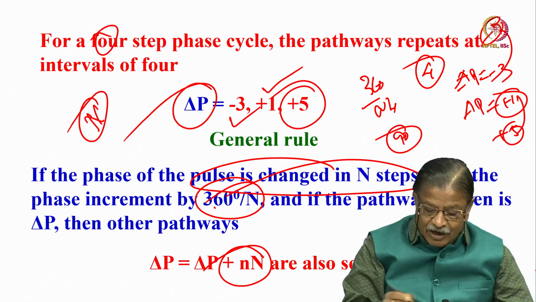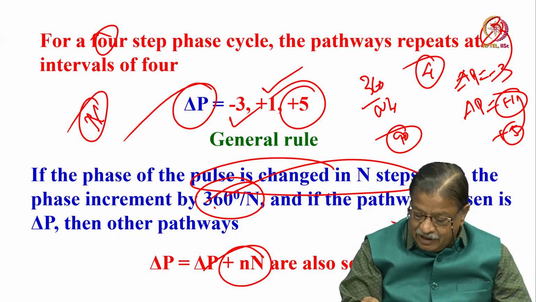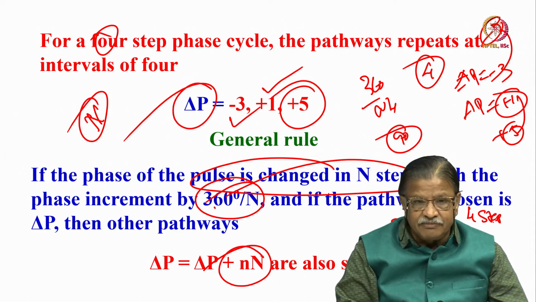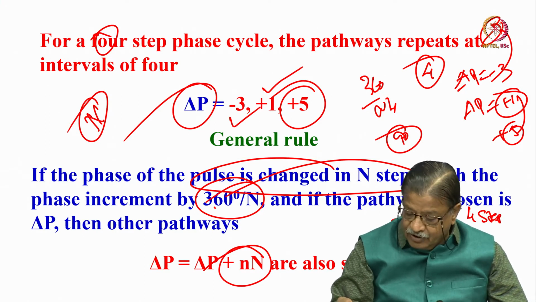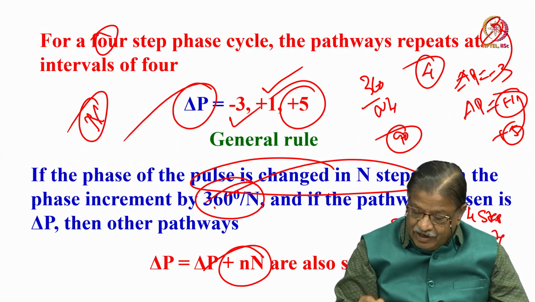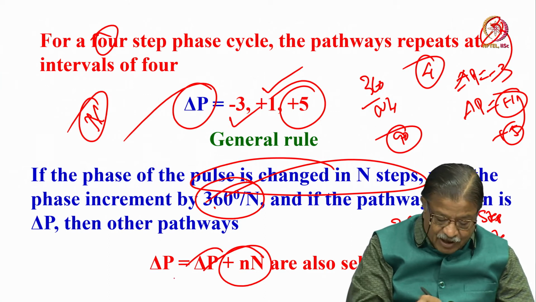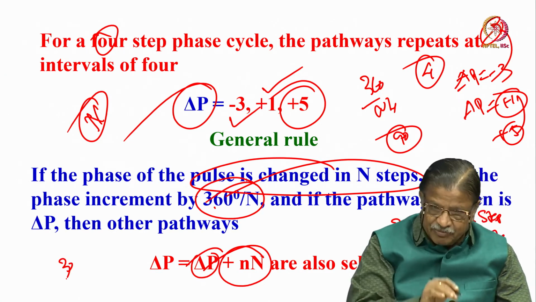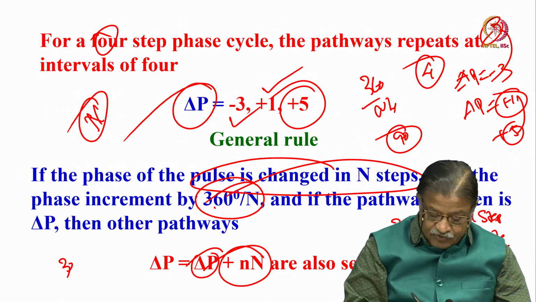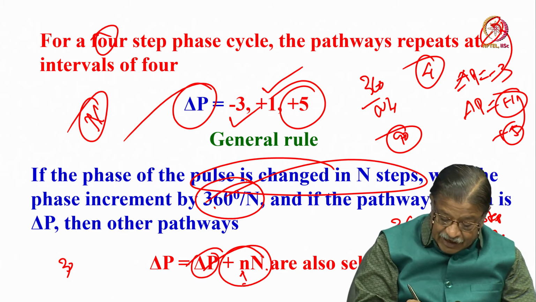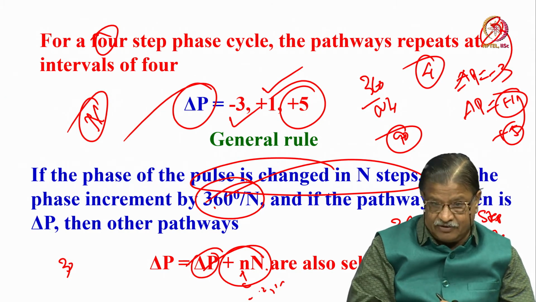Meaning, now I'll take an example. I have taken a 4-step phase cycling. Now N is equal to 4. If I choose whatever value I want for delta p, let us say I choose delta p equal to 3, N equal to 4. So n times 4, where n can take values 0, 1, 2, 3, including negative also.